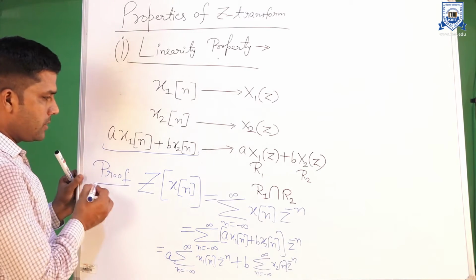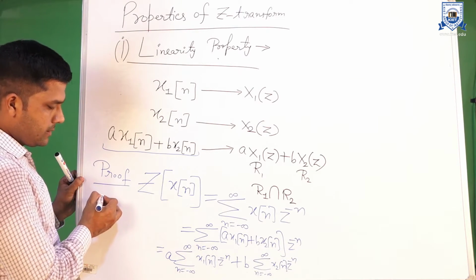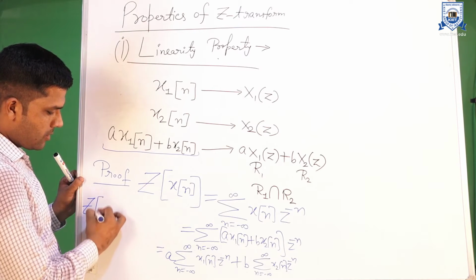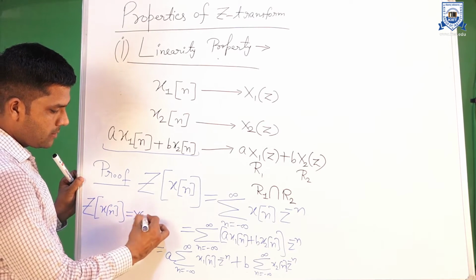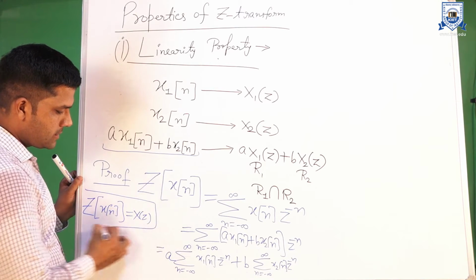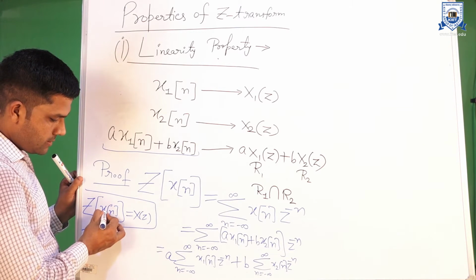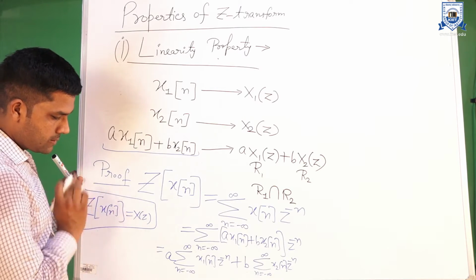Now we always write the Z transform of x(n) as X(z), small x is converted into capital X.